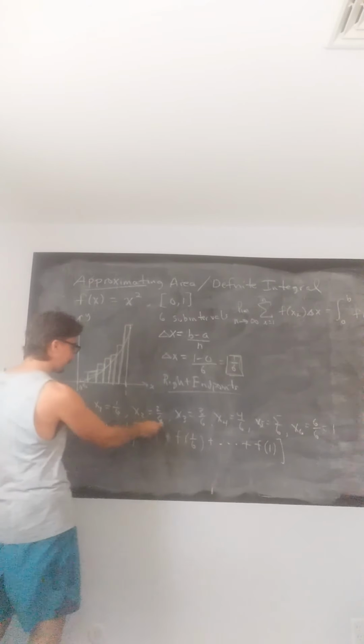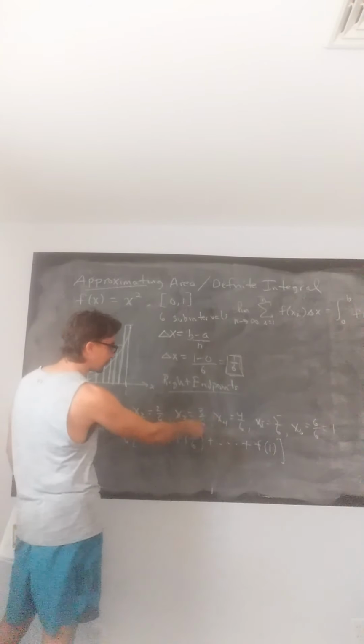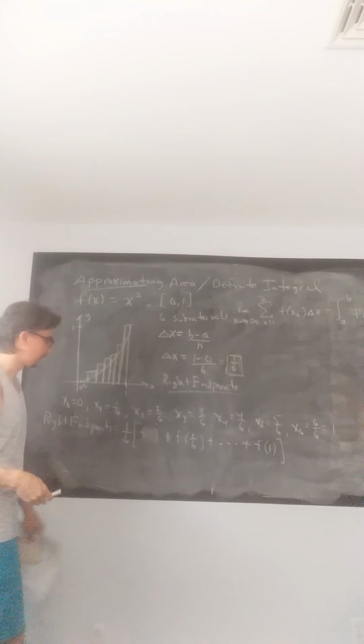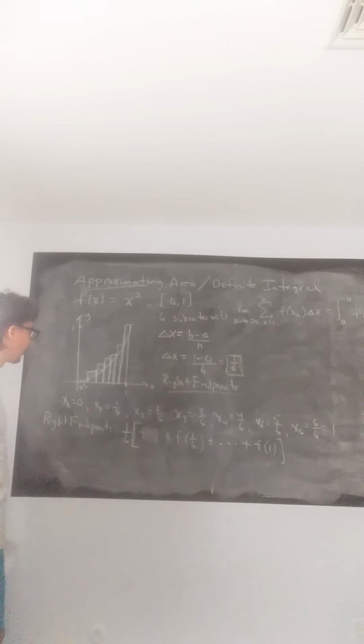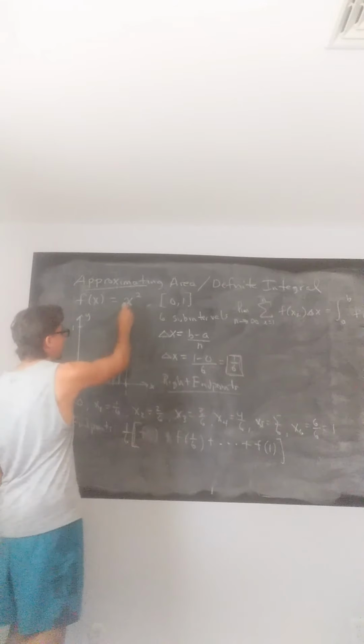We have f of 1/6, f of 2/6, 3/6, 4/6, 5/6, and 6/6, which is 1. So this is correct right here, 1/6 times what we have. So just get rid of the f of 1, because these are the right endpoints. Okay? So now all we have to essentially do is evaluate these in the original function.